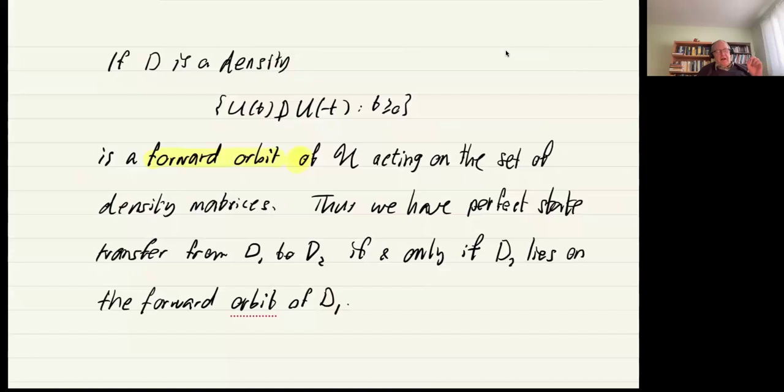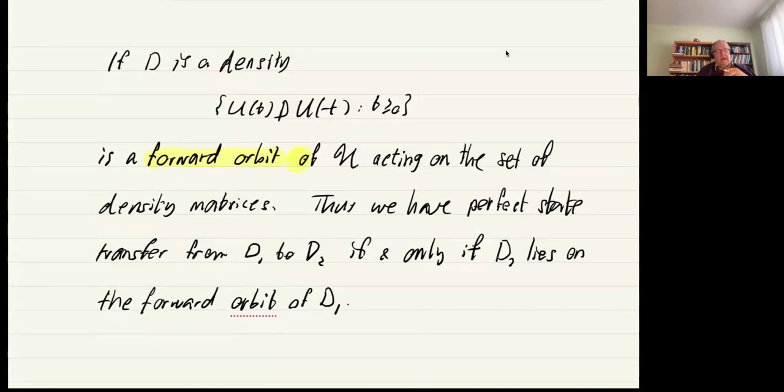So I'm going to define an action on the space of density matrices. If D is a density matrix, then this set is what people in dynamical systems theory call a forward orbit of the unitary group acting on the set of density matrices. So you pick D and then you compute U(t) D U(-t) for all t, and you can think of it as a curve in the space of density matrices.